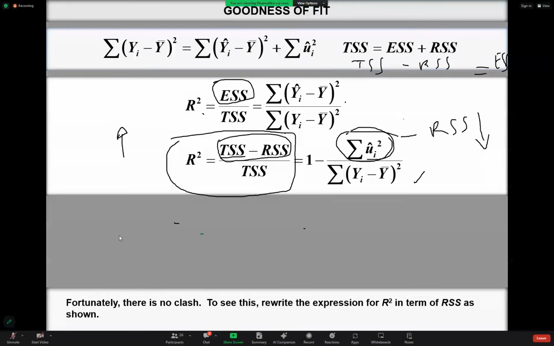The main principle of the OLS estimate is to minimize the residual sum of square. If you can get the minimum residual sum of square, you have a model with a high value of R square. Is it clear?